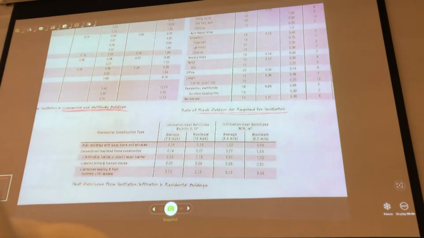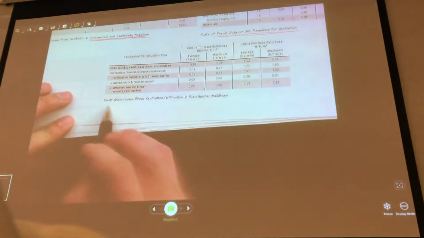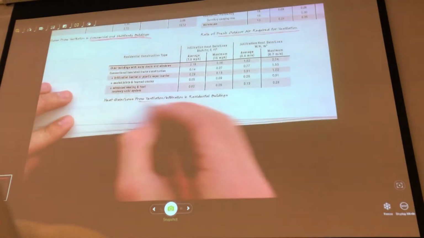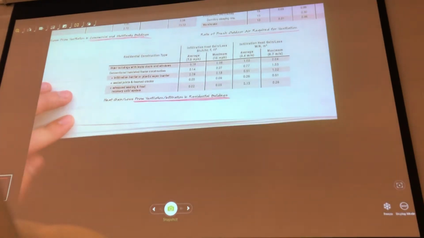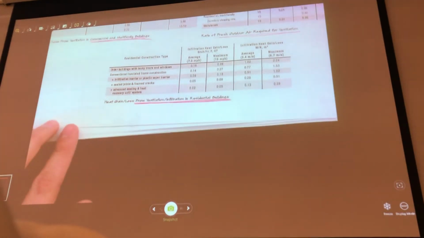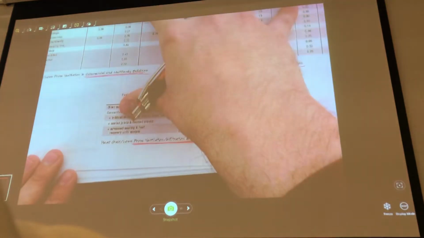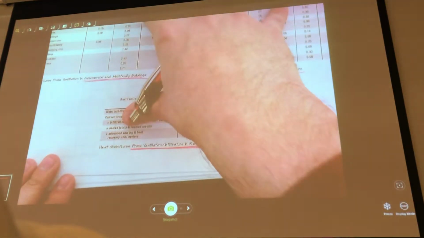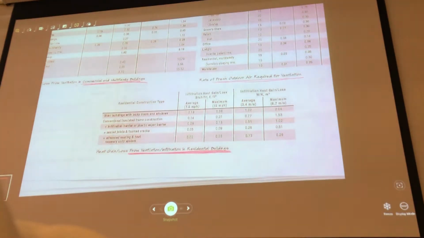But we're designing a single-family residence, so neither of these really apply. We're going to be looking at what's down here for our infiltration and ventilation in residential buildings. So again, if you come across different scenarios, we have the information in this particular exercise. It's just not pertinent to you guys completing this exercise. Make sense? All right.